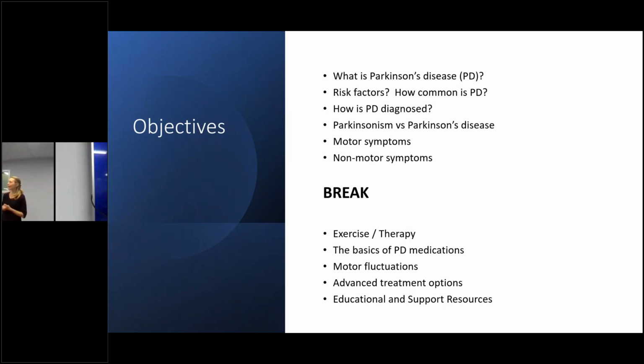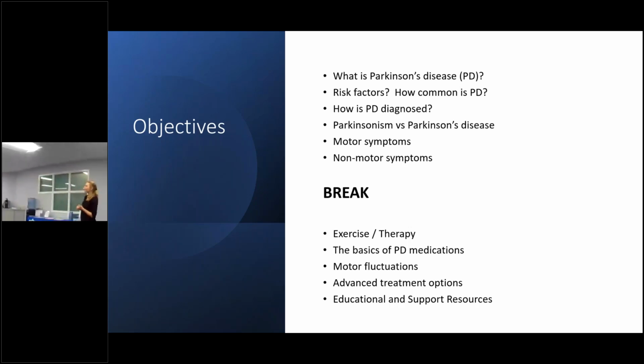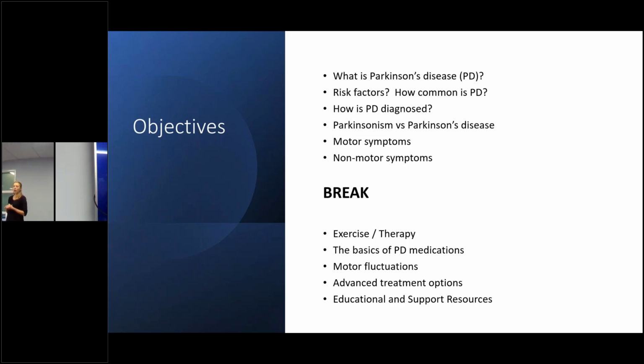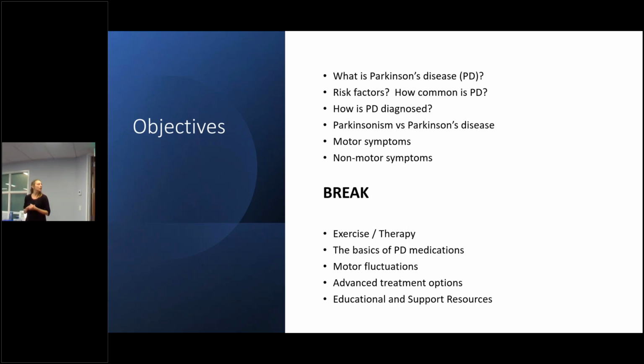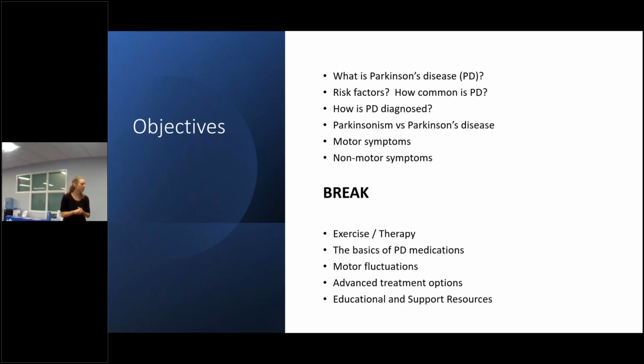What are those things that we call non-motor symptoms, and how do they differ from motor symptoms? We'll take a break, and then we'll talk about some of the treatment options, exercise, medications, and then we'll talk about that thing called motor fluctuations that you may have heard about, the ons and offs that a person can experience, some advanced treatment options, and then some resources.